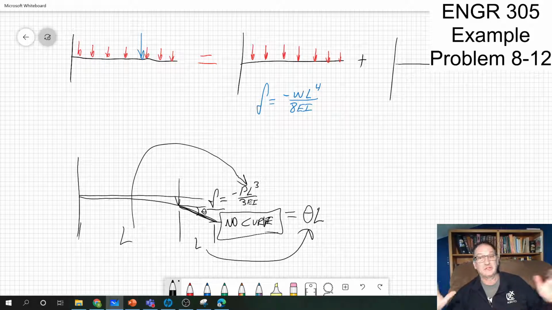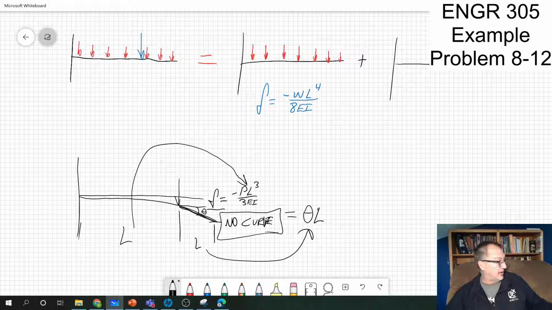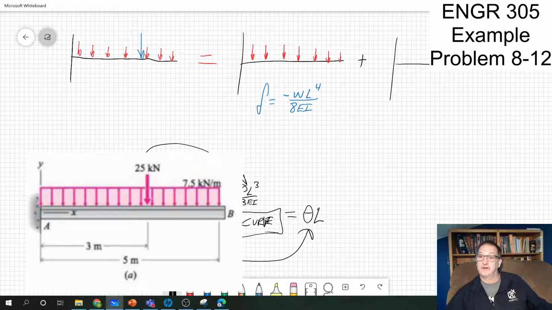So we can't do that, but that's what we need to do. So we've got to be very careful with our variables, and we're going to have to go back to our figure to really figure this out.